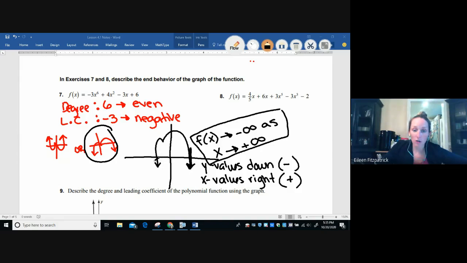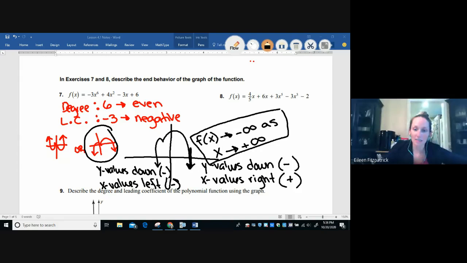So now I need to move over and talk about this end, okay? Well, the y values are still going down, but it's going down and to the left. So y values down, which is negative, and the x values are moving left, which is negative.